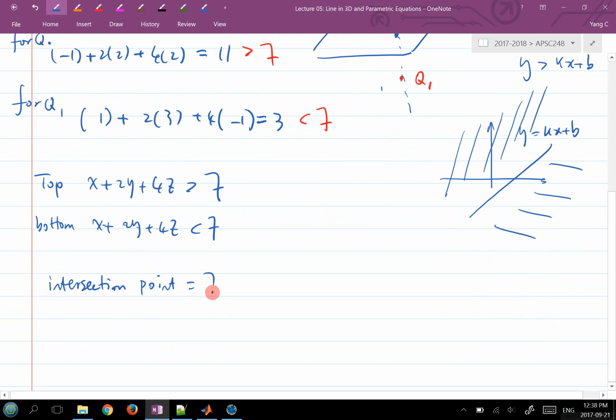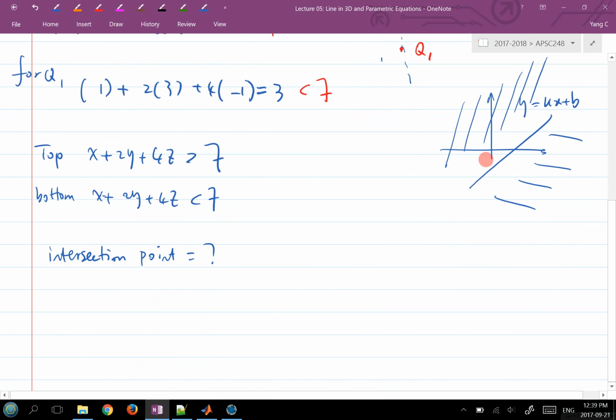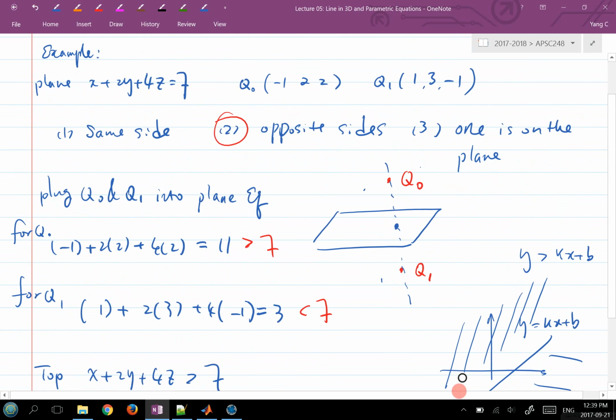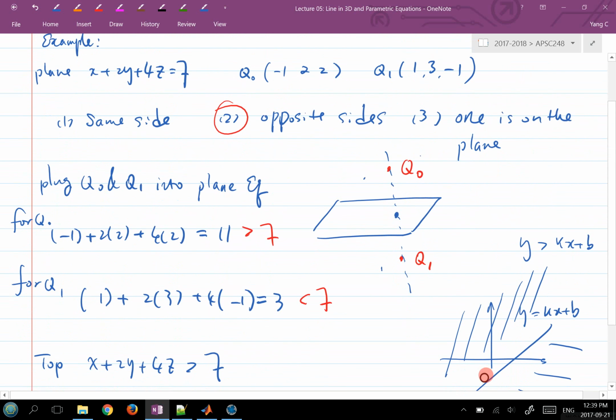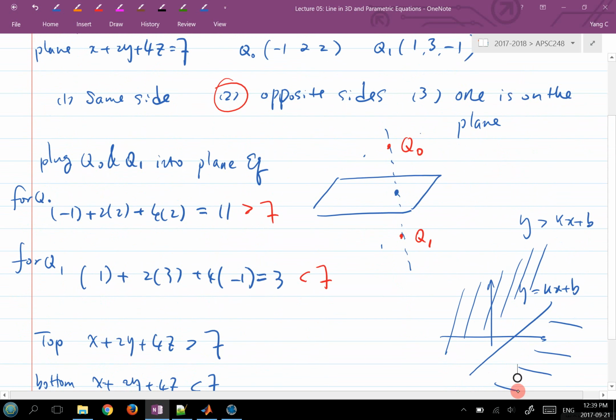So, first step, I just find the straight line first, right? That passing through this Q0 and the Q1. So that's simple because you have the Q0, Q1 coordinates given to construct a line. All we need is just a parallel vector now, so we can use Q0, Q1 as a parallel vector to construct this line here.